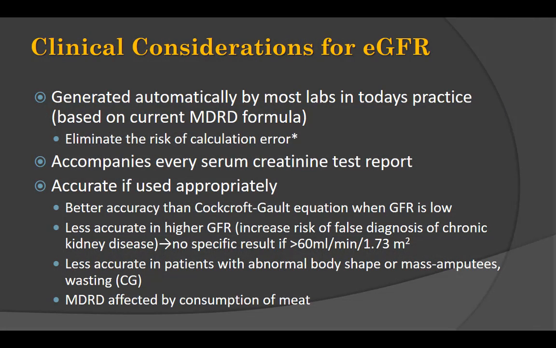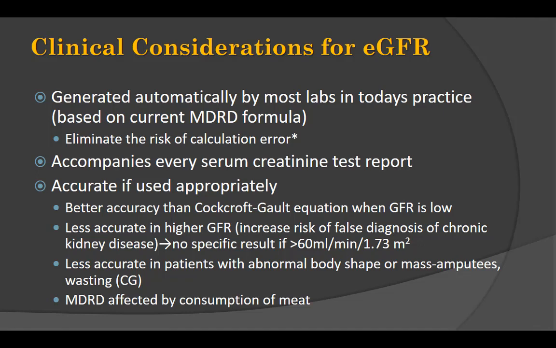Now, this eGFR is automatically generated by most labs, and when you have the lab report in your hand, eGFR is already there. They have used the formula and calculated it. Serum creatinine level will be given together. It is accurate if used appropriately. The CG equation is more accurate if the patient's GFR is low.